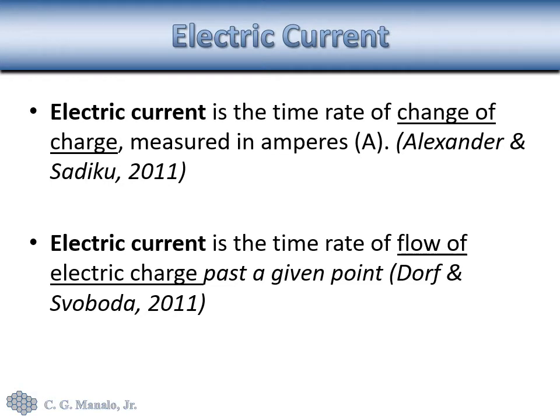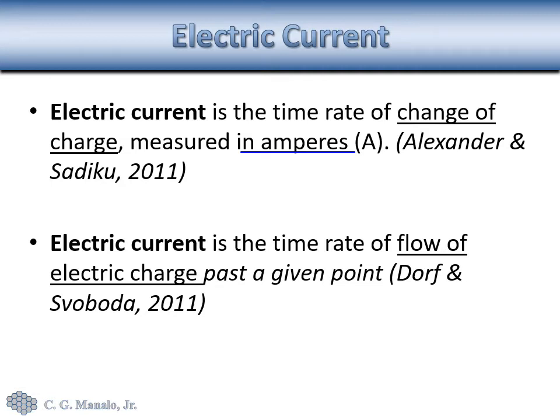It measures the flow of charges per unit time. So if the flow of charges is fast or high per unit time, we have a higher current.